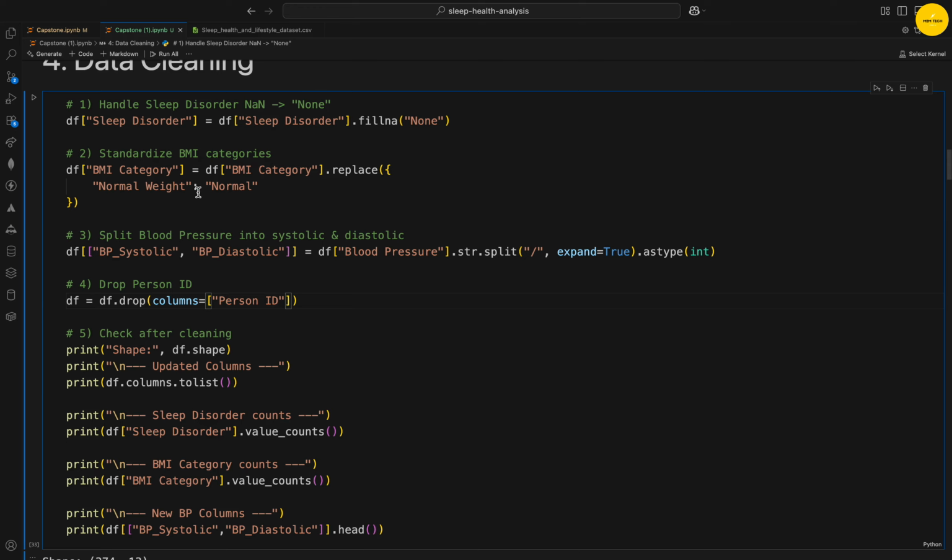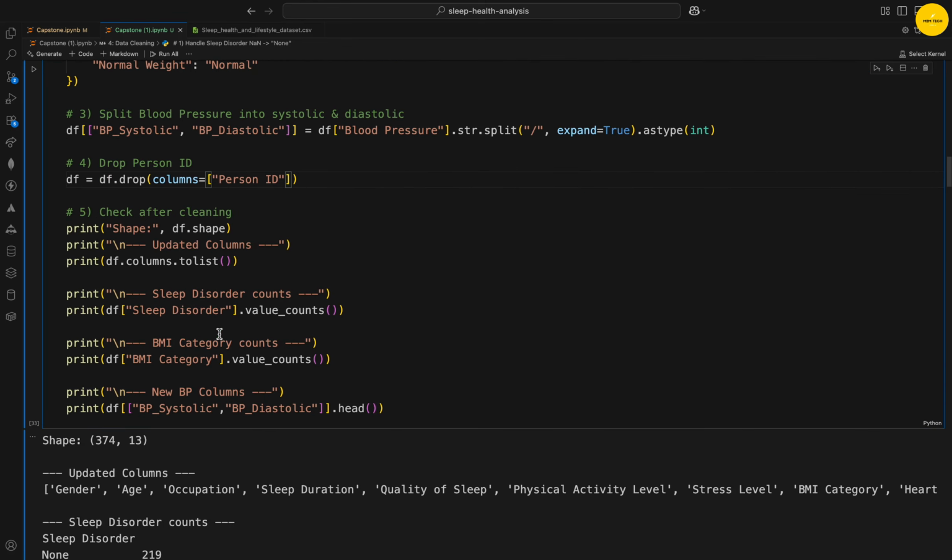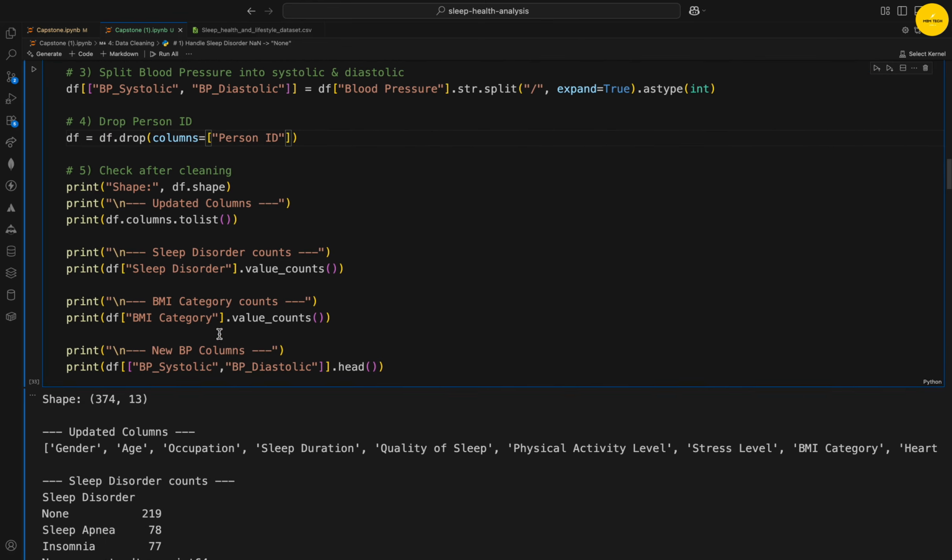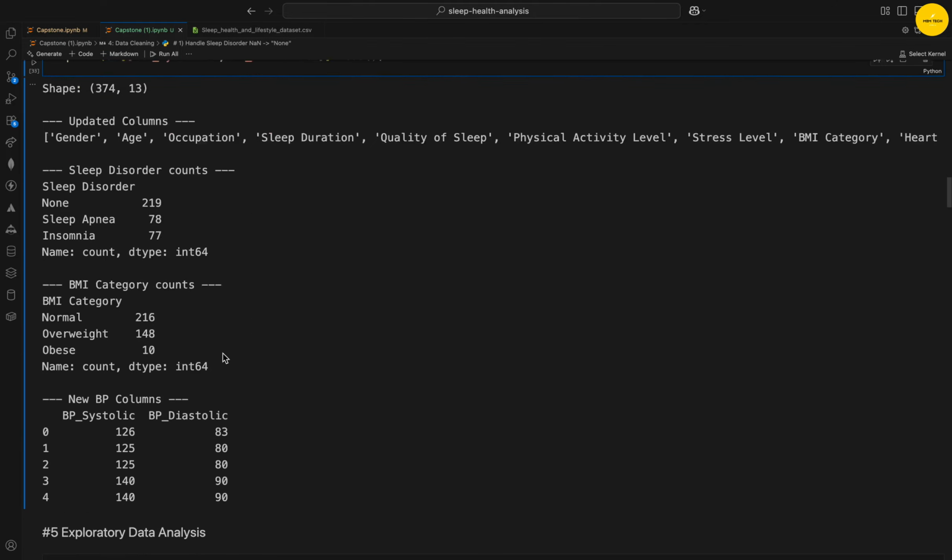Second, I made the BMI category column more clear by changing Normal Weight to Normal. And finally, I split the blood pressure column into two simpler separate columns, BP systolic and BP diastolic. And I also removed the person ID since it was not needed. And after these steps my data was ready to start exploring.